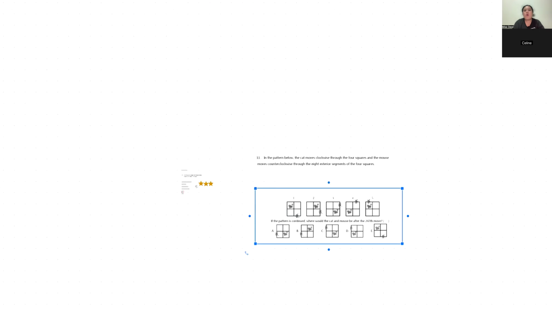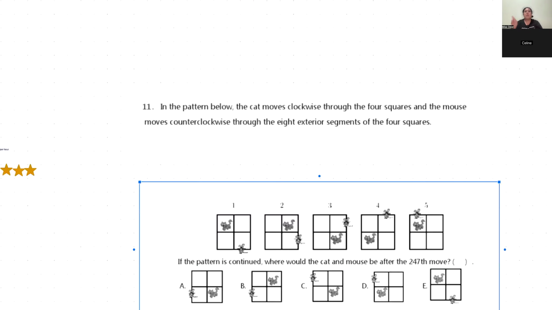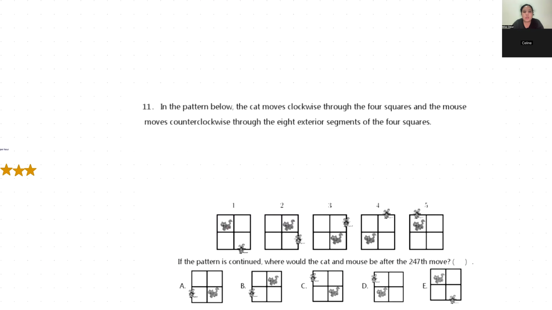The cat moves clockwise through the four squares. This is the first square, second, third, and fourth. And the mouse moves counterclockwise through the eight exterior segments of the four squares.